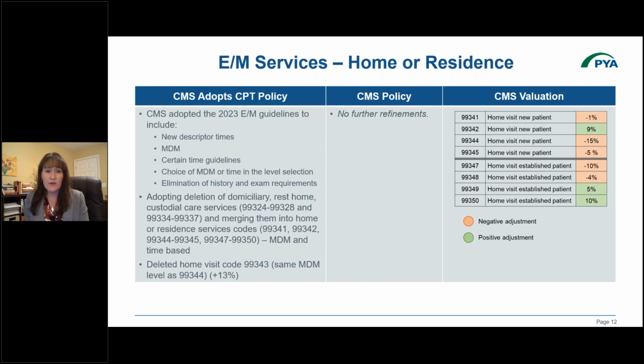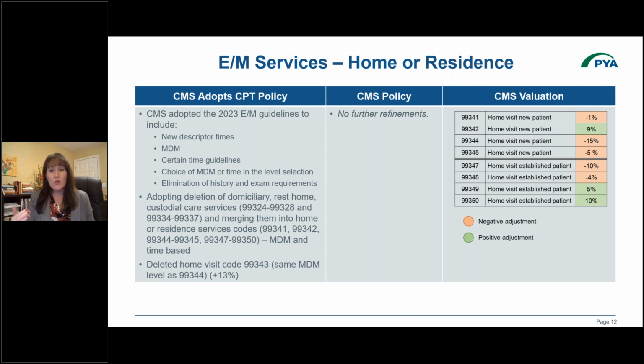Because of this shift as well, and because we only have 4 levels of medical decision making, the 99343 was deleted. Whereas we had a repeat in level of the ED services, and they just basically made that first level a nurse visit, in these codes, they just deleted that middle level of service altogether.